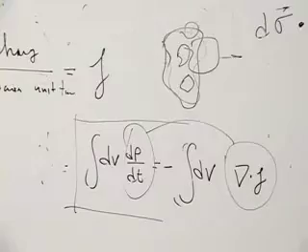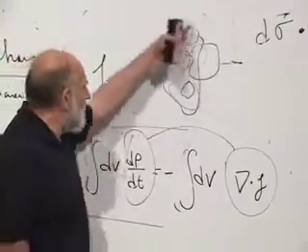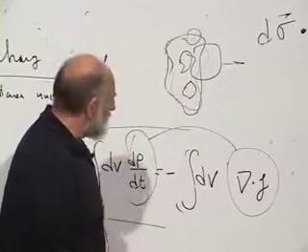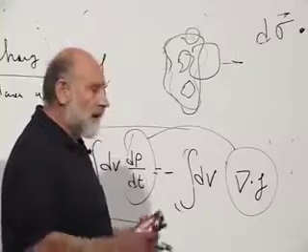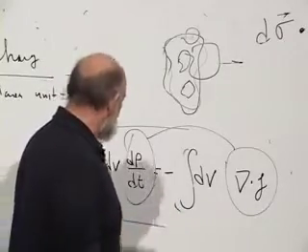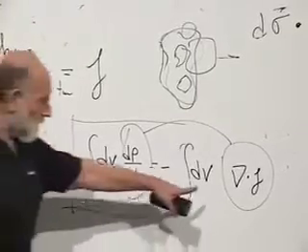That again is a mathematical theorem, but it's more or less obvious that if for any region the integral of one quantity is equal to the integral of another quantity, the two quantities have to be equal. And we come to an interesting conclusion about the connection between charge density and current.